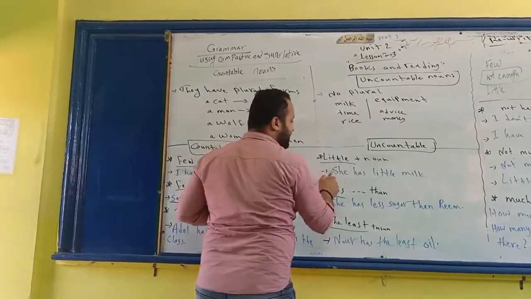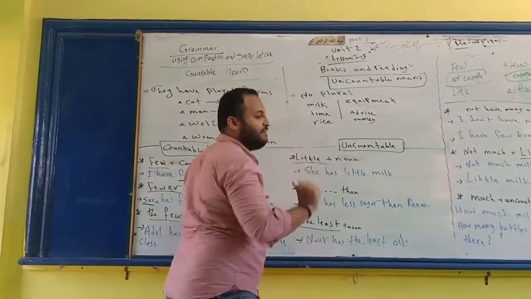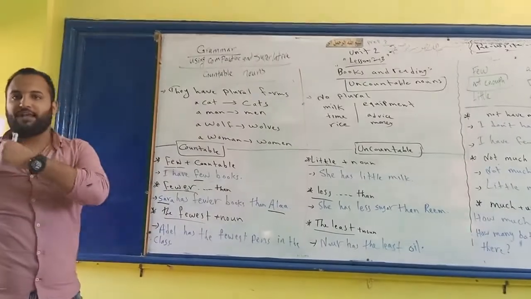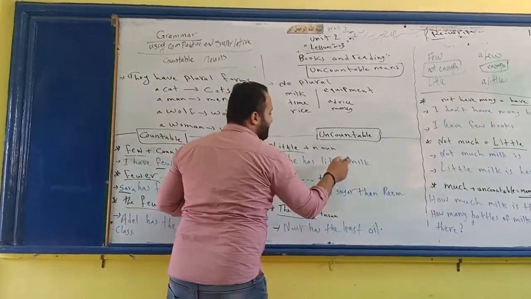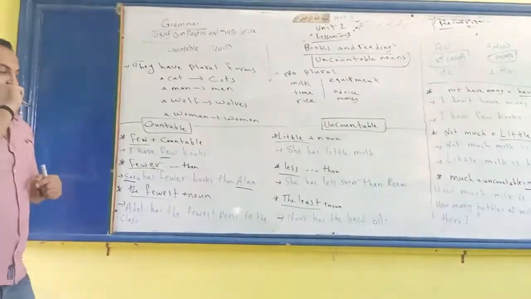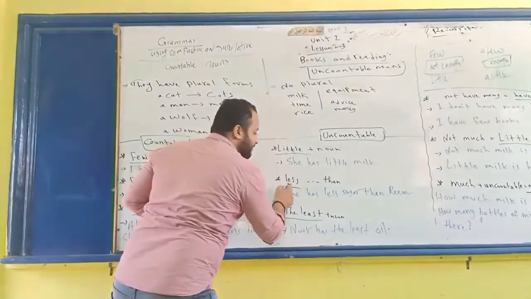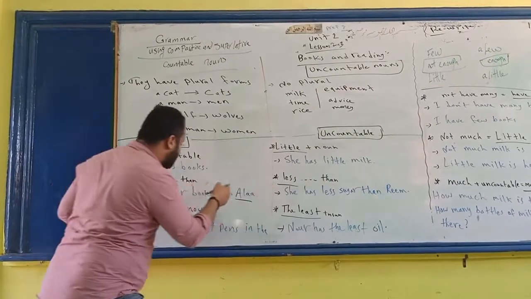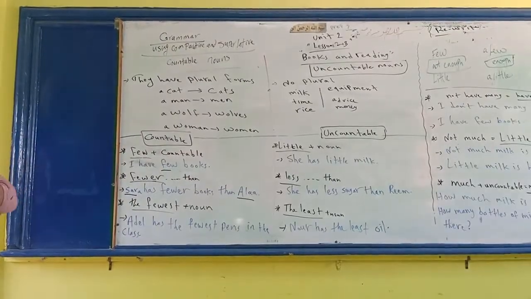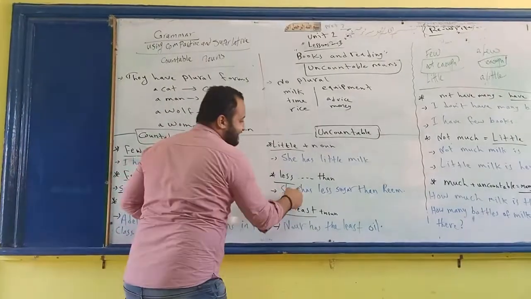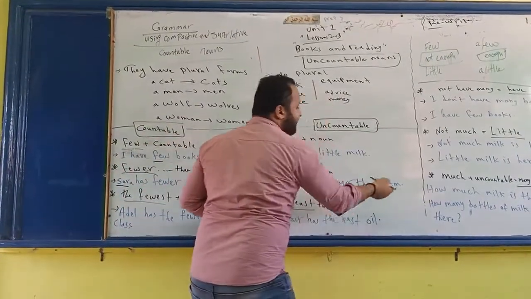So I say she has little milk. So little is the normal way. She has little milk. Okay? After that, less, noun, then. Like this. If you find than, that means it's a comparative way. She has less sugar than me.